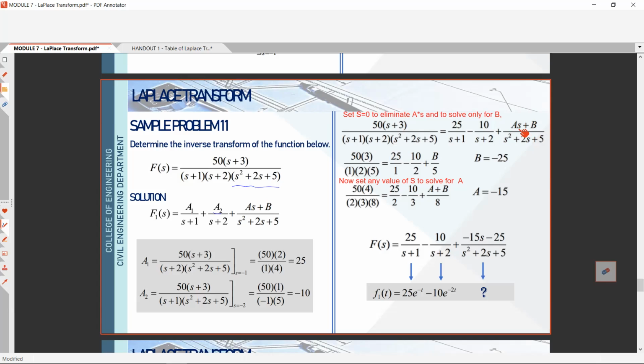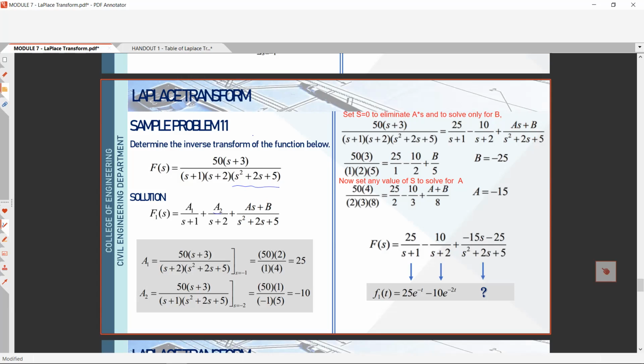So now, to solve for B, of course, set a value of s that will make A zero. What do you set s to so that A becomes zero? Is it 0? Any value of s.